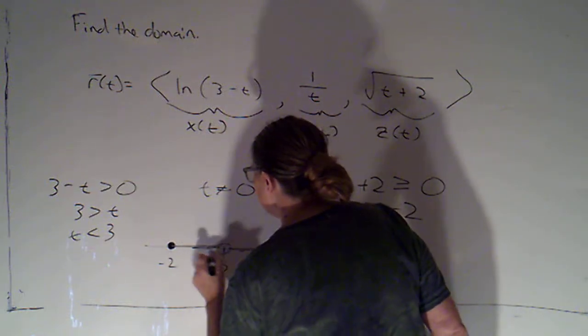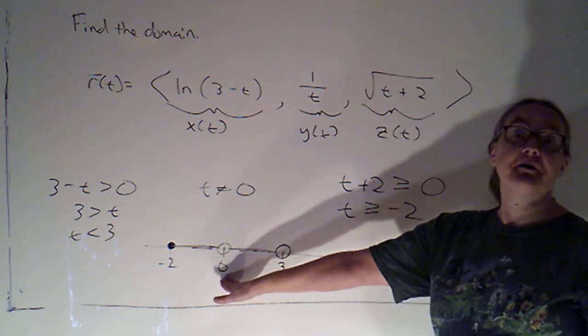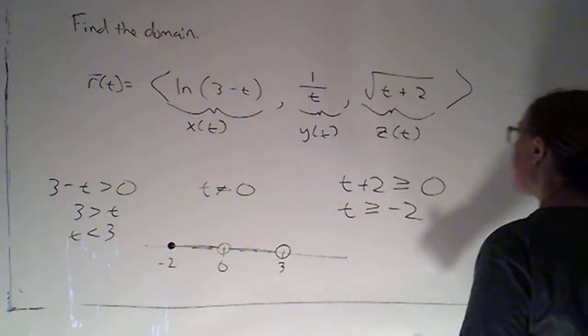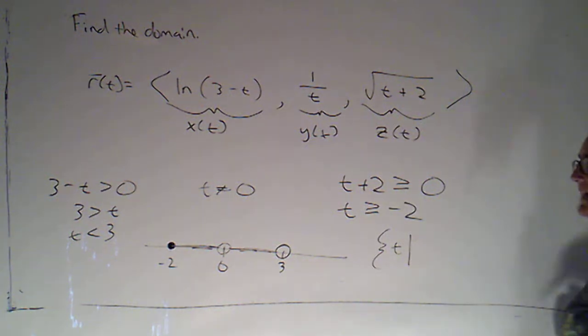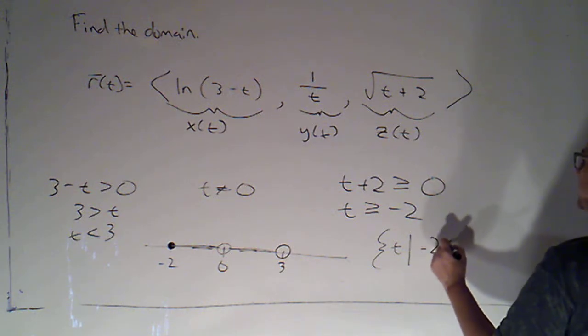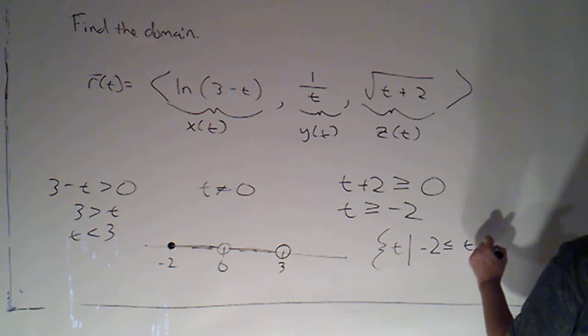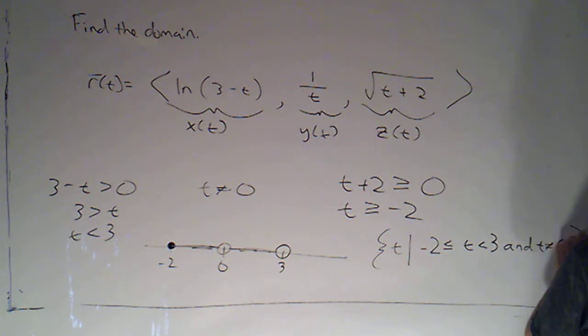So basically, we've got everything between -2 and 3 except for 0. Okay. So I could write this either in set builder notation, set of all t such that -2 less than or equal to t less than 3, and t isn't 0.